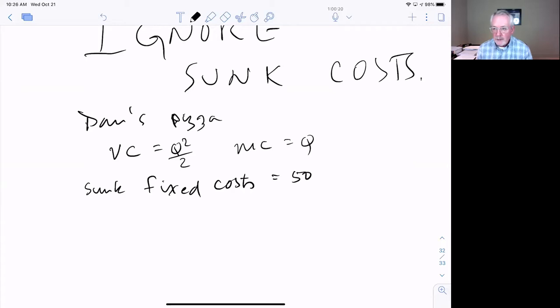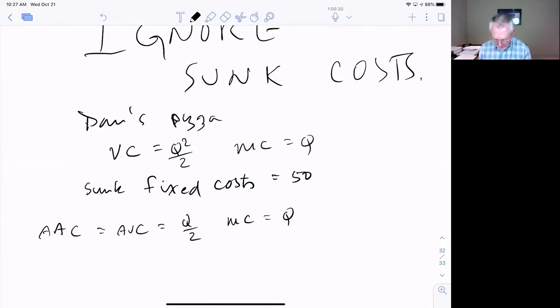Well, his sunk costs don't enter into my thinking here. There's nothing I can do about those. So once again, I would just be back to average variable costs equal Q over 2, and marginal cost equals Q. This is also average avoidable cost, since the only avoidable costs in this particular case are the variable costs.